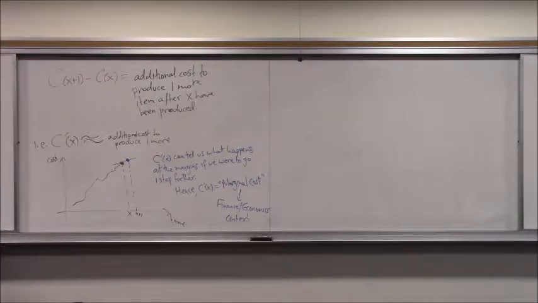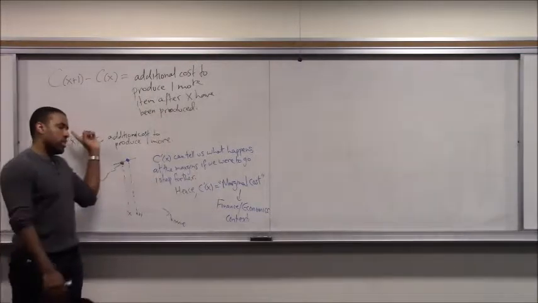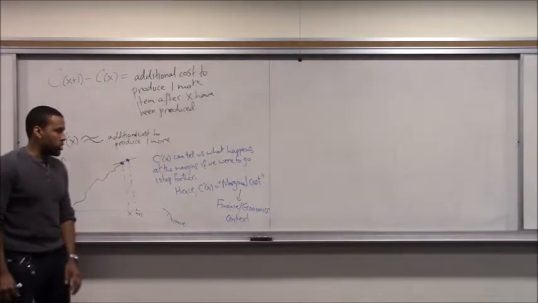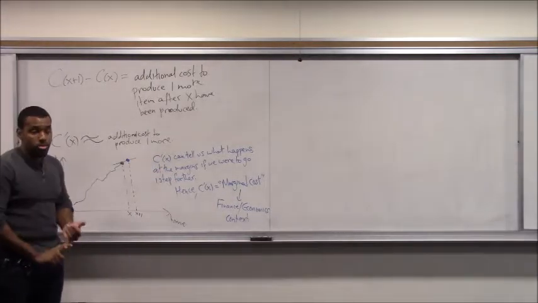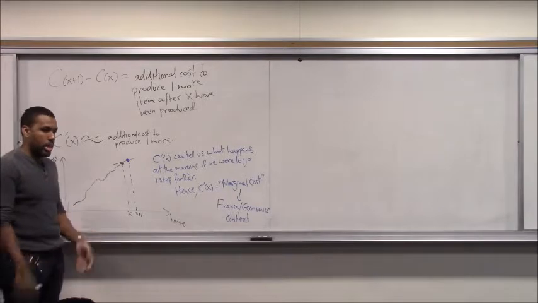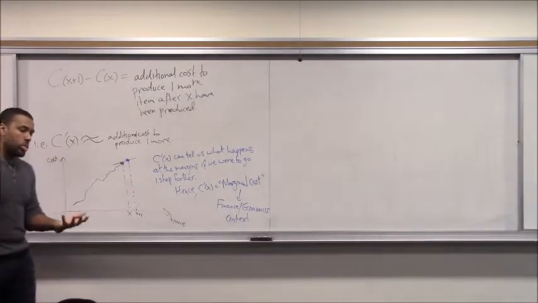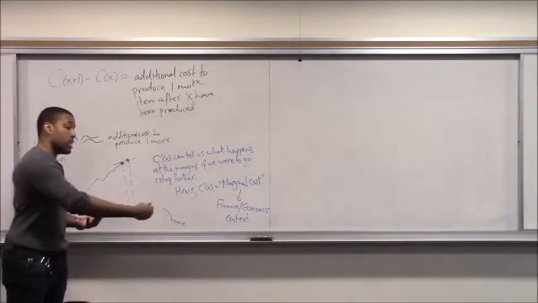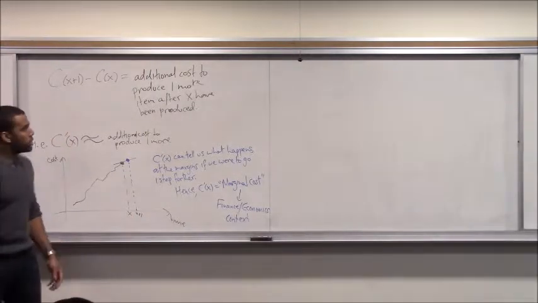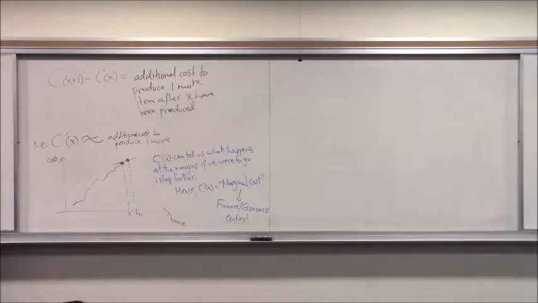And of course, like I gave you the definition before, this can apply to any function really. So someone can ask you about marginal profit, marginal revenue, marginal this, marginal that. All it means is they want you to find the derivative, and they want you to think of it as something that will predict what will happen if you go one step further. So it's a certain mindset.